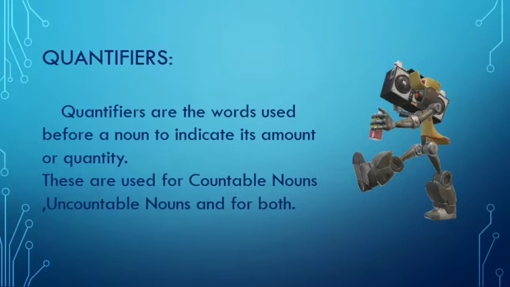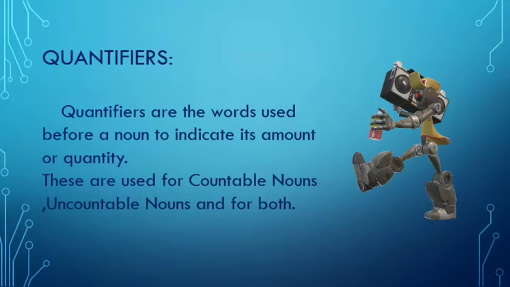Just now we have discussed that there are four types of determiners: articles, demonstratives, possessives, quantifiers. Out of these four types, we are going to discuss quantifiers as the specific topic in today's class.